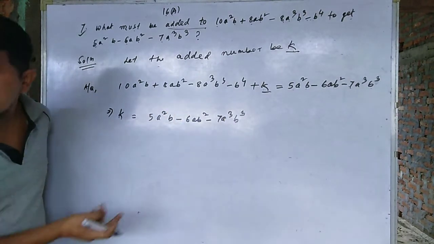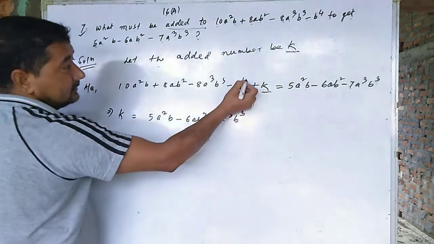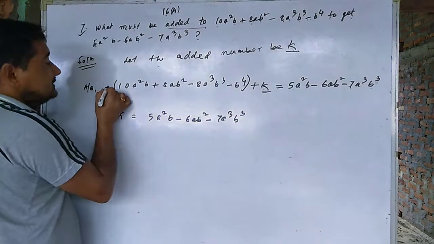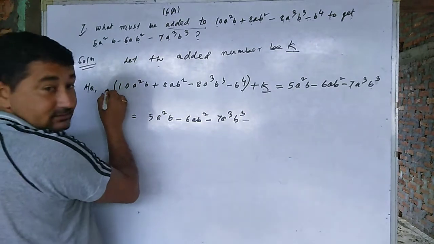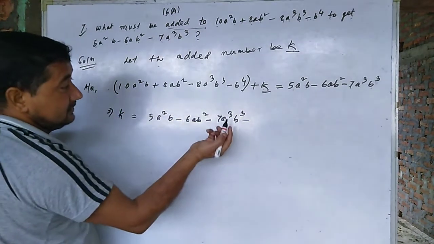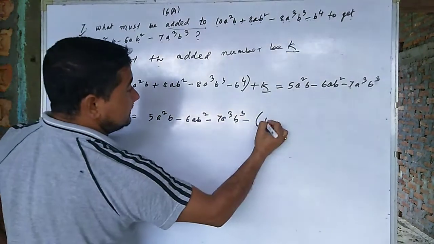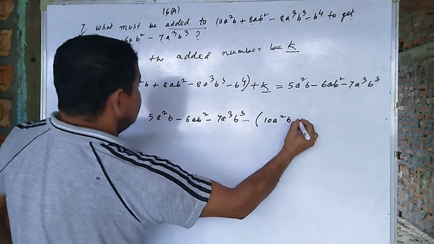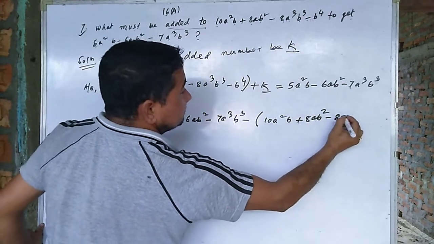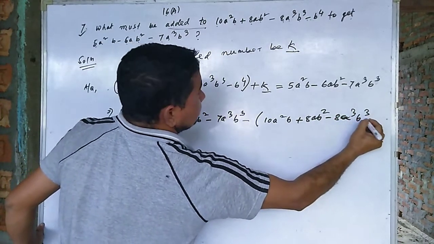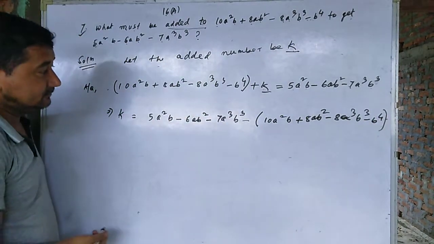This is the transposition of the equation: if you change the side, the plus sign becomes minus. So we write minus 10a square b plus 8ab square minus 8a cube b cube minus b to the power 4.